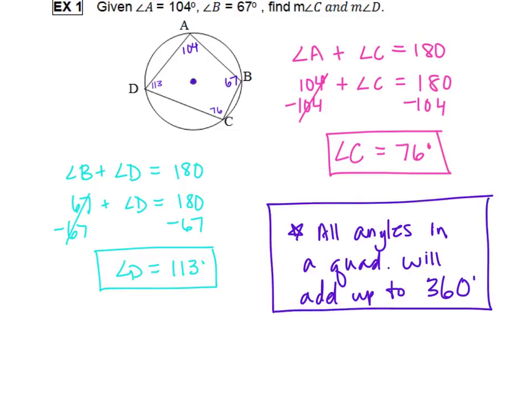So that just might come in handy. We've used it a little bit this chapter already, but now we'll just make sure it's in our notes. So all angles in a quadrilateral will add up to 360 degrees.